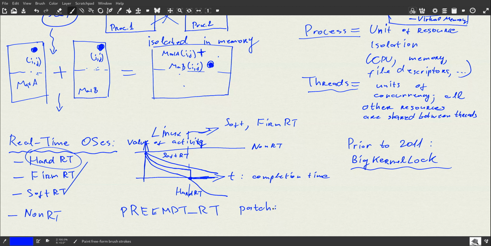And number two, this also includes internal kernel processes, those which are related, for example, to device drivers. And this means that we are, at least in theory, able to predict the response time of any process running within Linux. If we're able to predict the response time, then it means that Linux would become an operating system suitable not only for soft and firm, but possibly also hard real-time operations.